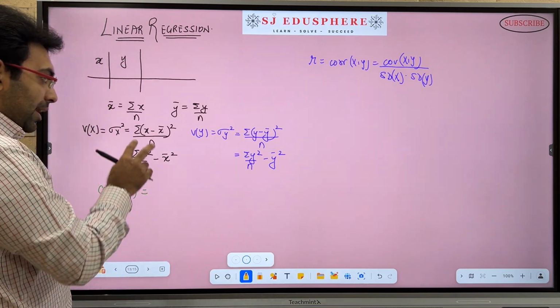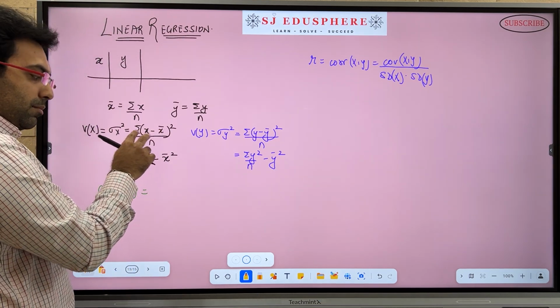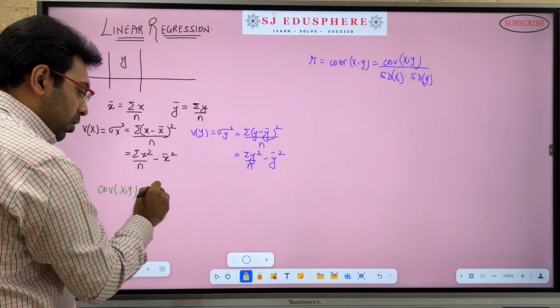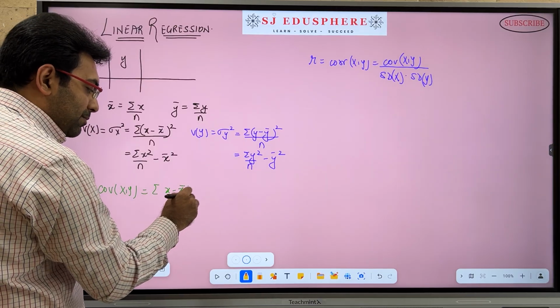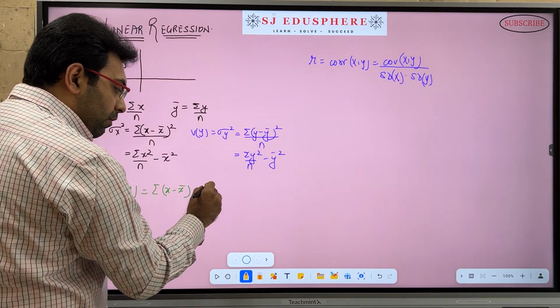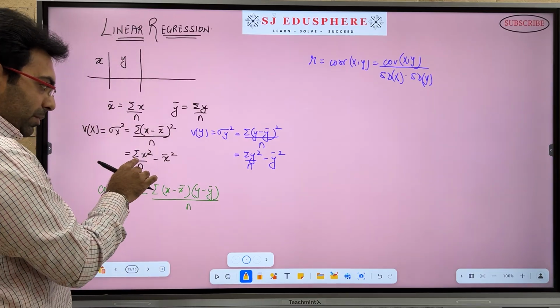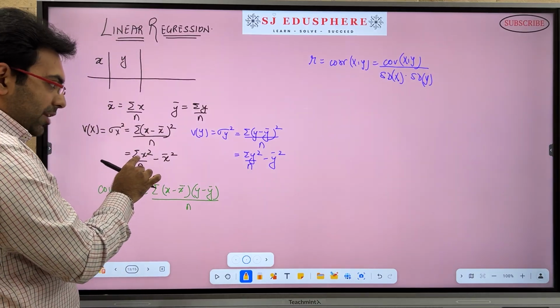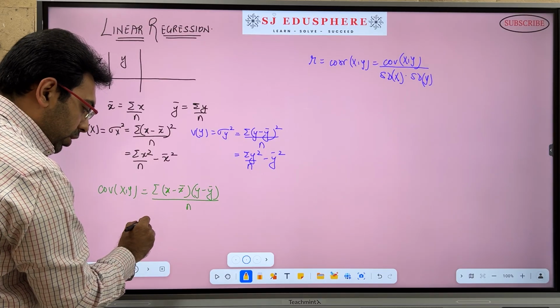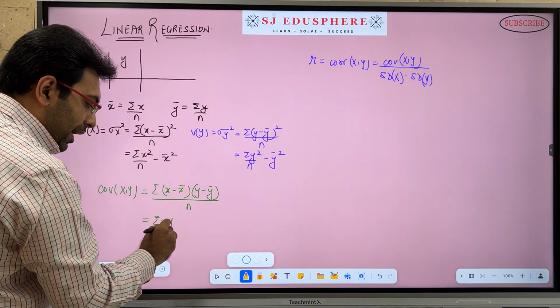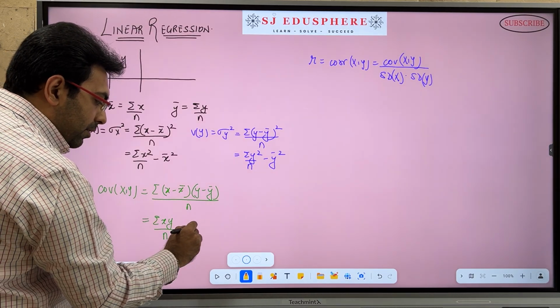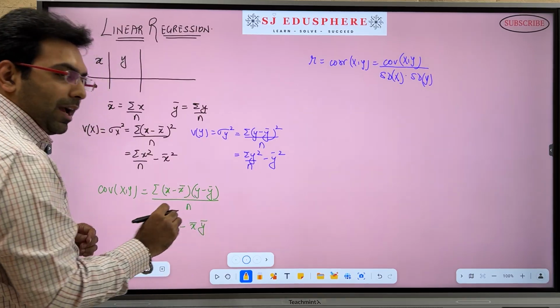What happens there? In variance, both are x terms. In combined variance, one term will be x minus x bar, the other y minus y bar, upon n, which can also be written in the same way, summation xy upon n minus x bar y bar.